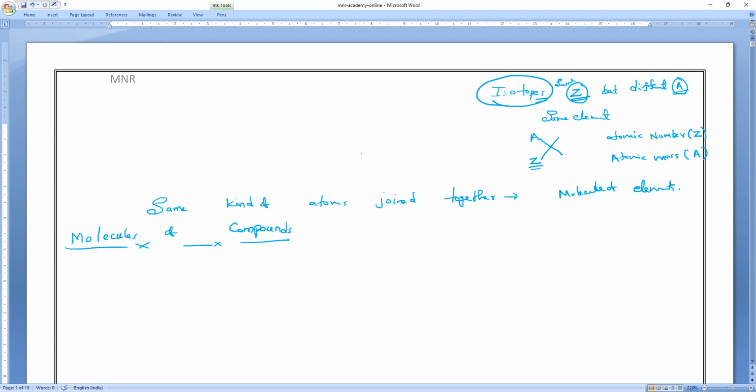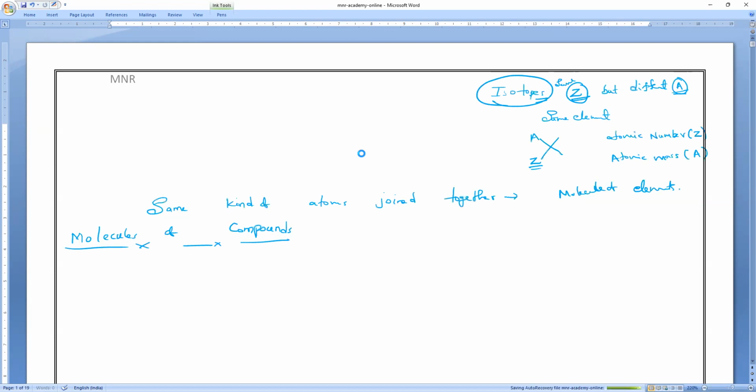Different atoms combine together. It is a molecule made up of two or more different atoms of elements chemically combined.